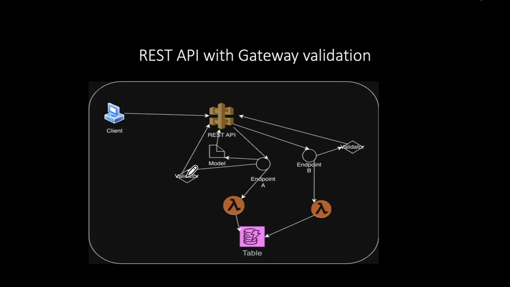What I'm trying to get across here is there is a validator resource that we have created, and there's also a model resource. The model resource is the one that describes the structure of a payload that might be included in a request. And we want API Gateway to validate the schema of the payload against this model that we've defined for ourselves.